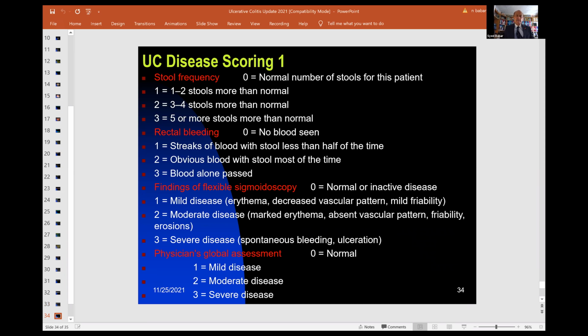This is the best way of assessing patient suffering, and this is available on the internet. So you could test patient suffering by way of stool frequency, rectal bleeding, findings on sigmoidoscopy or colonoscopy, and physician's global assessment.